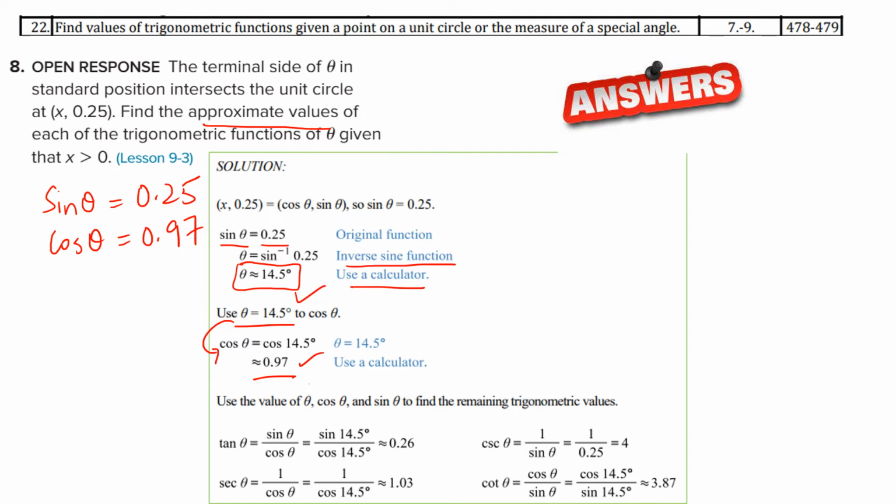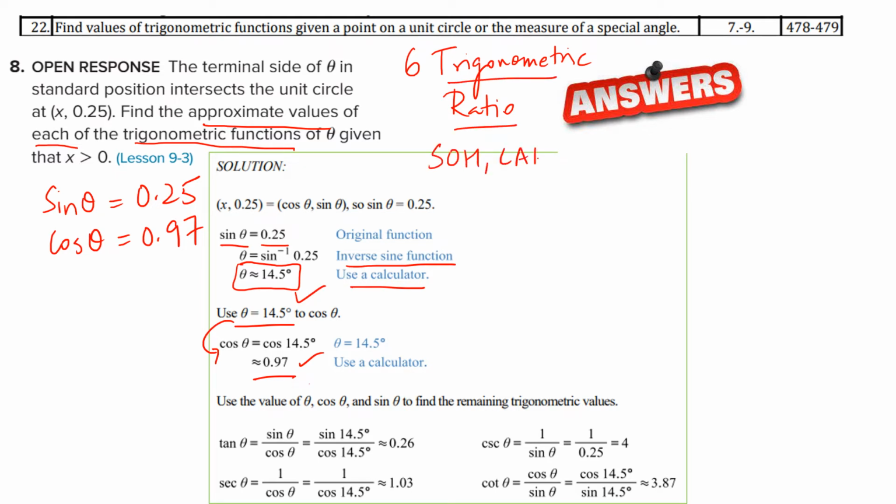Now once you have sin and cos, if you read the problem carefully, it says each of the trigonometric functions. That means we are talking about all 6 trigonometric ratios. If you've forgotten about this, do watch my previous video, I think it was day 4. I'll put the link in the description box, where we talked in detail about SOHCAHTOA, and we also talked about finding the 6 trigonometric ratios.